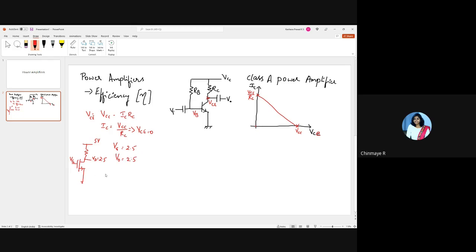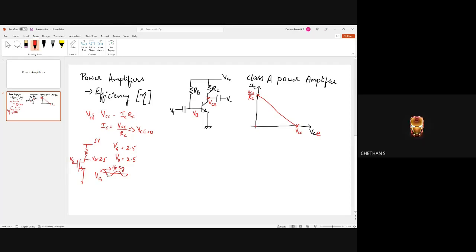So now for this to behave like an amplifier, for amplification, I give a small input voltage AC signal, which is going to go above and below this DC voltage, right? Correct. So this will be the input signal.